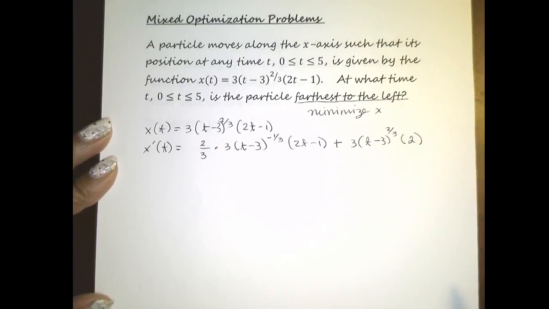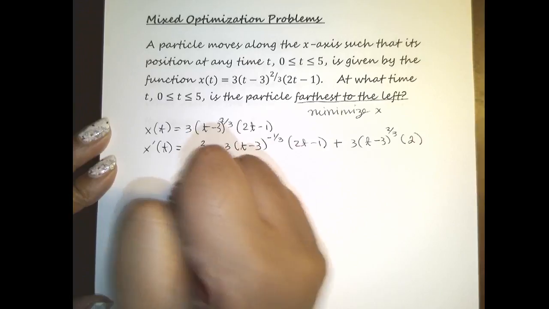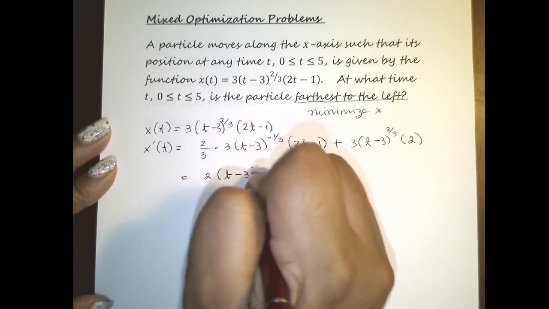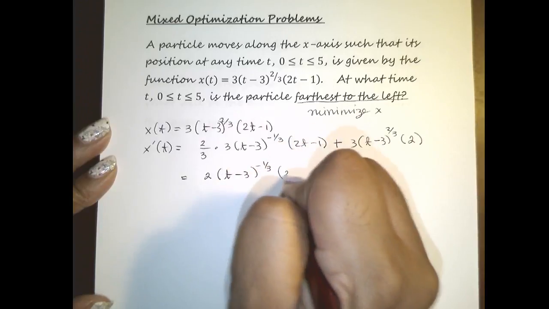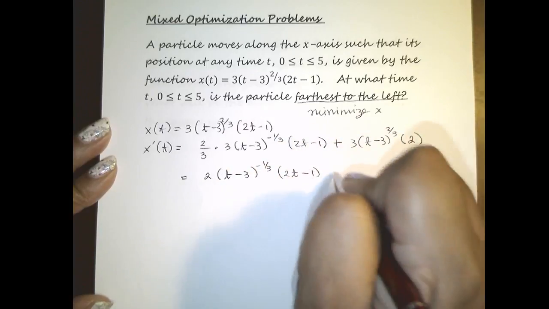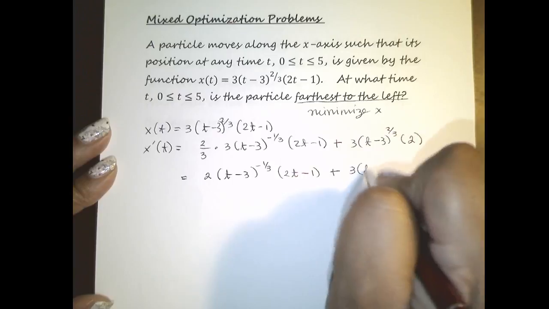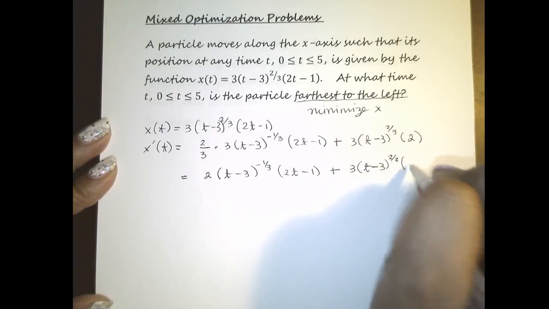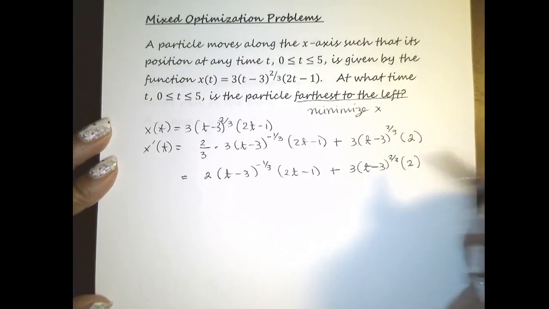That's the first times the derivative of the second. I'm going to do a little bit of simplifying here. This will be 2 times (t minus 3) to the negative 1/3 times (2t minus 1) plus 3 times (t minus 3) to the 2/3 times 2. Well, that should be a 6.